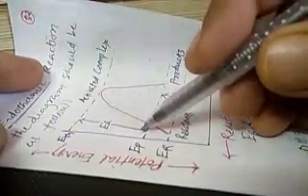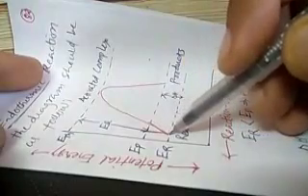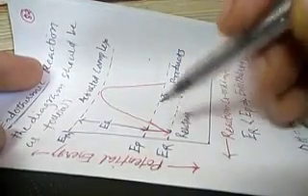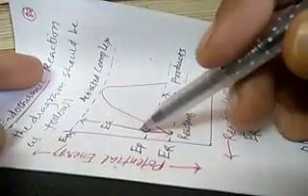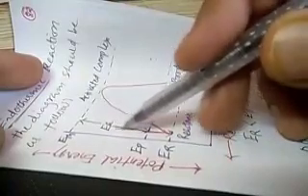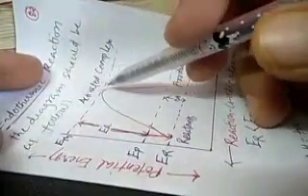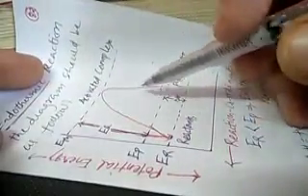To the reactants we provide some energy which is known as the activation energy. Due to this activation energy, the energy of reactant reaches the threshold energy, and due to that the activated complex is formed, and from the activated complex the products are formed.